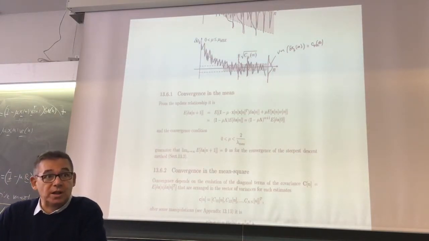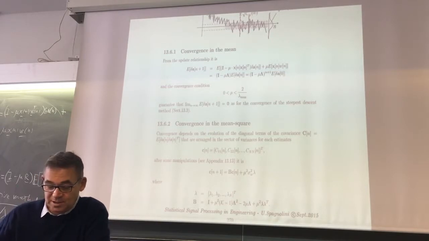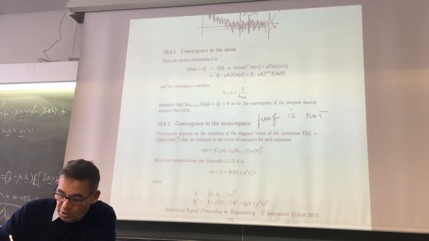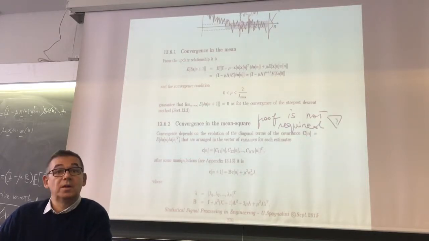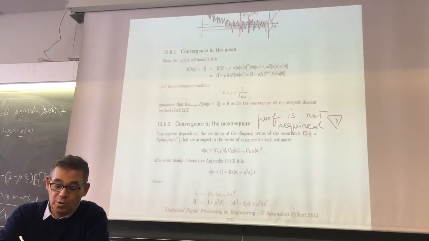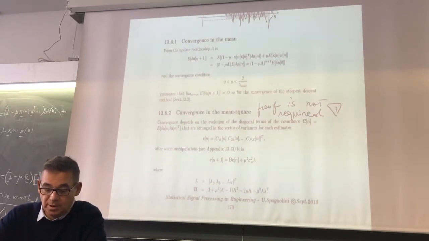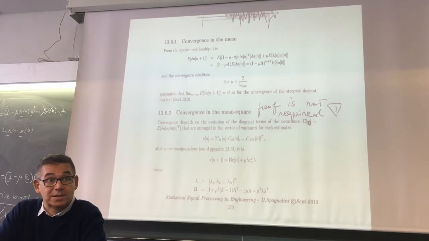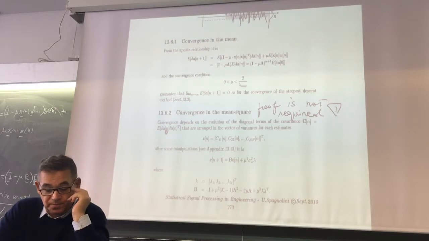Let me write: proof is not required. But let me tell you how the proof is obtained. In order to evaluate the convergence in mean square, I need to start from the covariance, which is obtained using the definition.